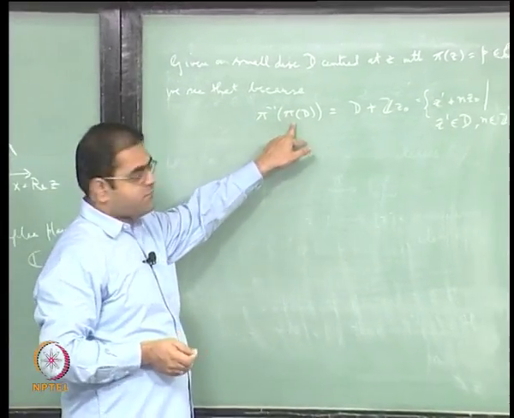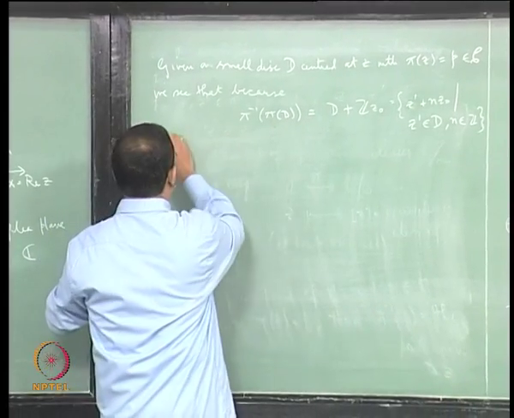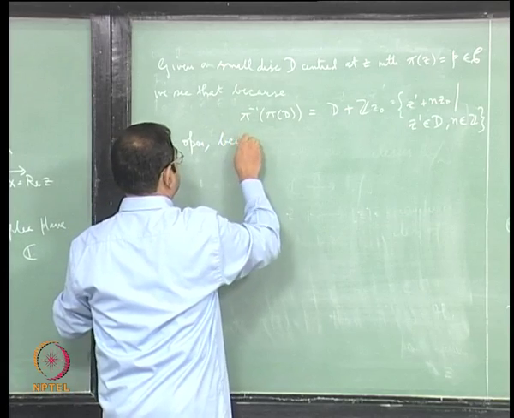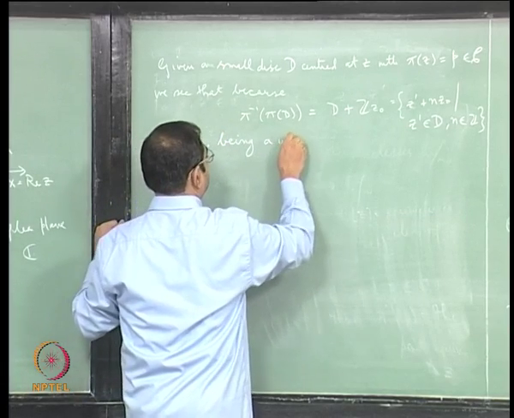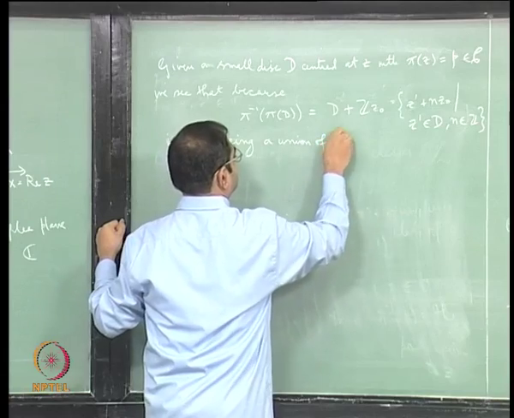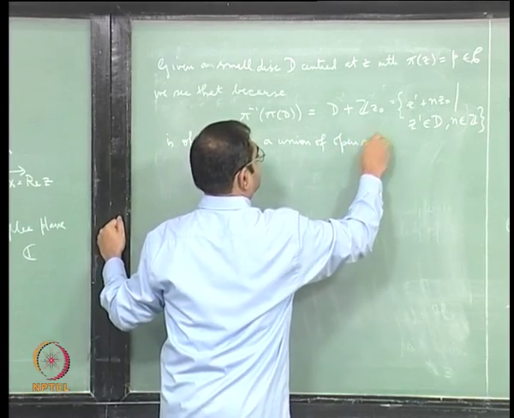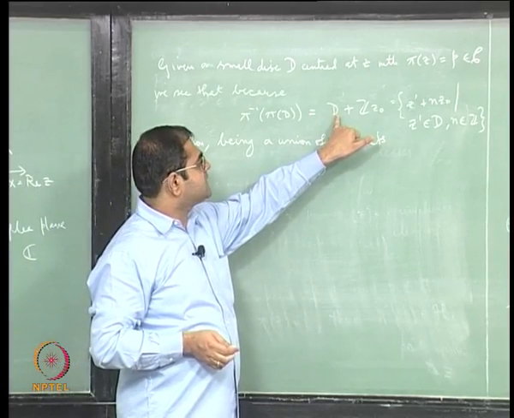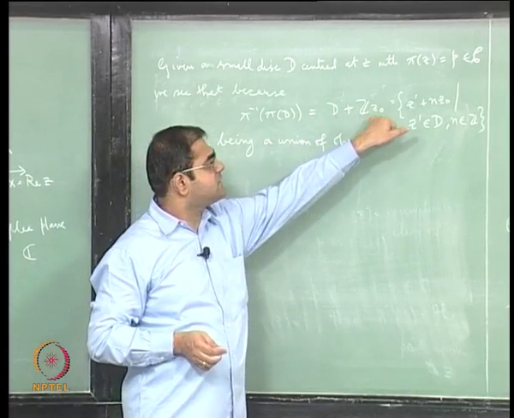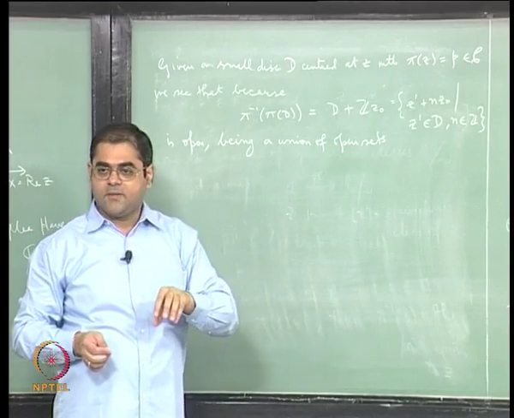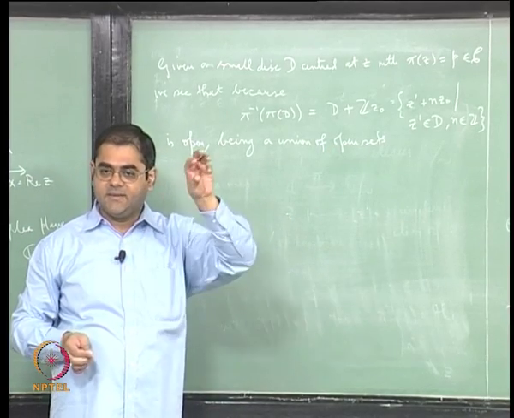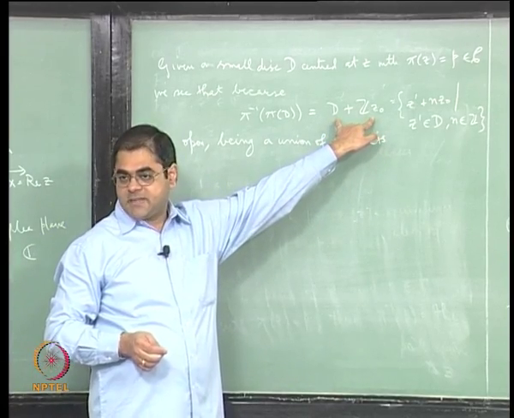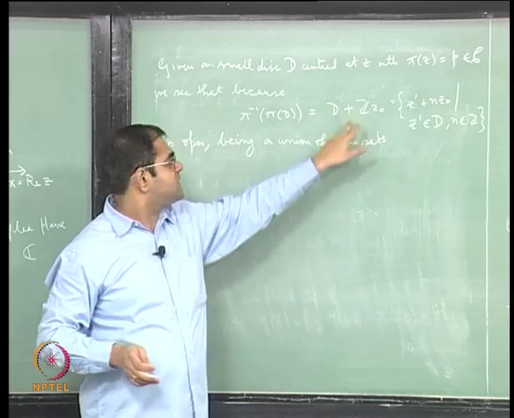Because pi inverse of pi of d is open, being a union of open sets, okay. So each d plus n z naught is an open set, it is just a translate of d, and the union of all these d plus n z naughts as n varies is precisely what this set is.